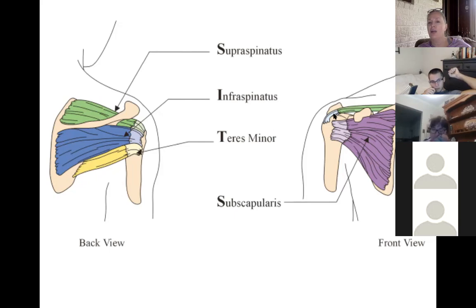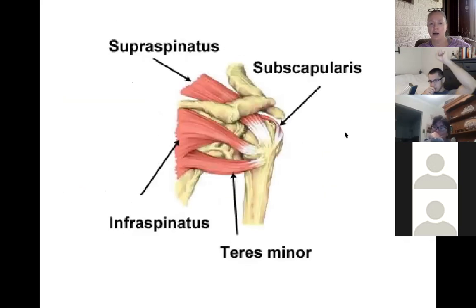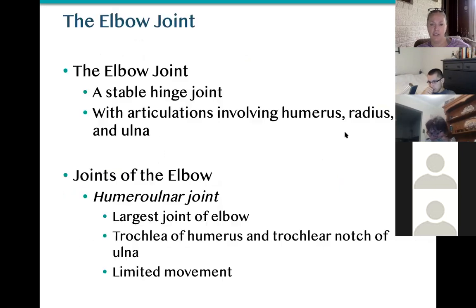And this reaches around to the more anterior aspect of your humerus, forming the anterior part of your rotator cuff. So it's all those tendons. Here's another view of it. And hopefully the videos will give you an even better view of some of this. And you'll get more of a feel for that rotator cuff as we get into the muscles.